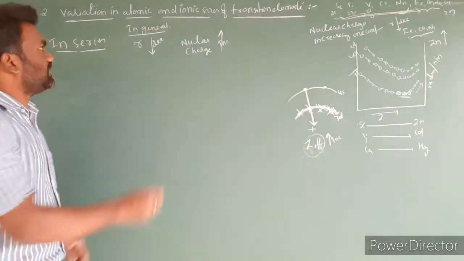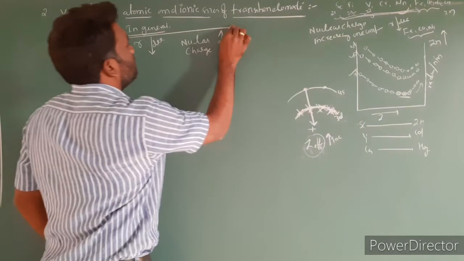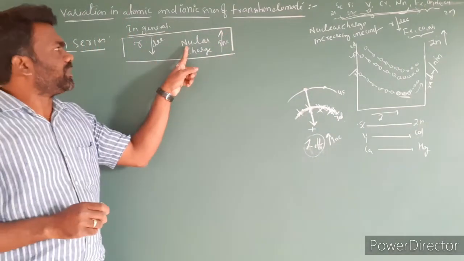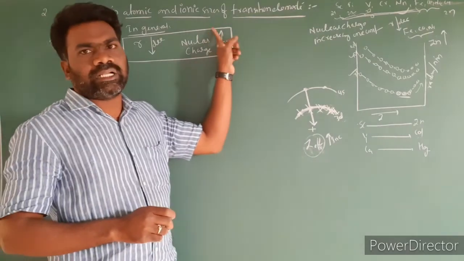But this is just a general statement: in general, atomic and ionic sizes decrease because of increasing nuclear charge. But the actual condition, taking the 3d series, is this: from scandium, titanium, vanadium, chromium, up to manganese, the atomic size decreases because of increasing nuclear charge.